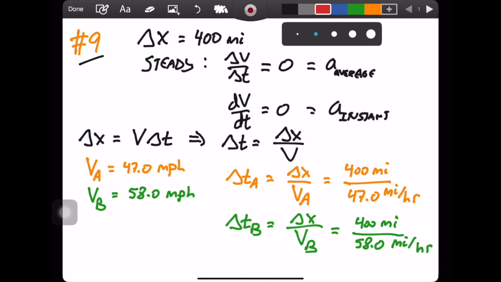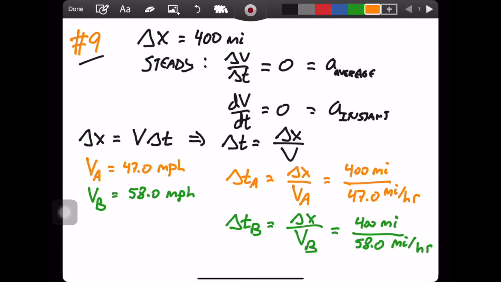I want to also incorporate how we can do some unit conversions. So I'm going to show you how we can take miles per hour and turn this into minutes. You can imagine you could be asked to solve this problem with different units, but I just want to give one example for how you do the conversion.